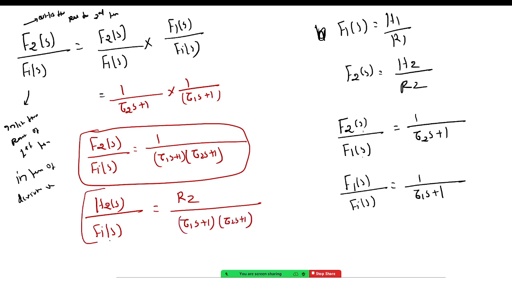That's it, when the tank is non-interacting in nature. Is it clear? Tell me. Any doubt?